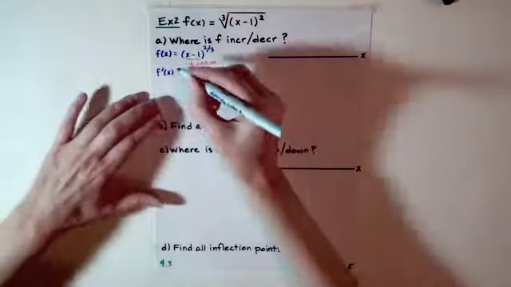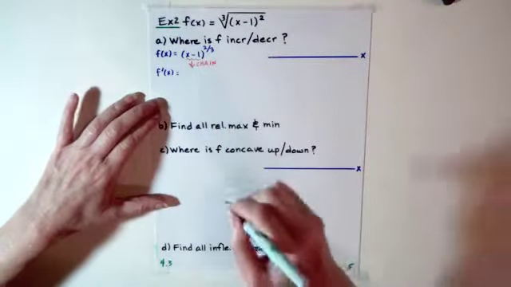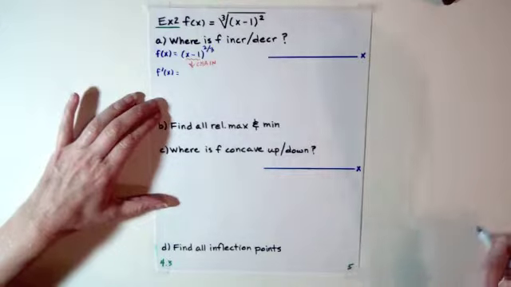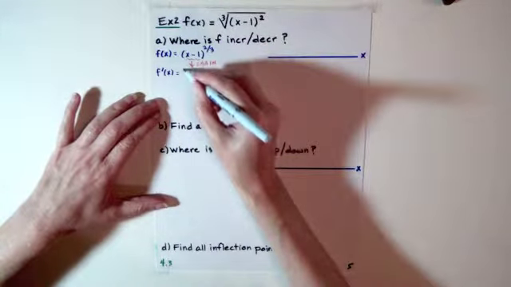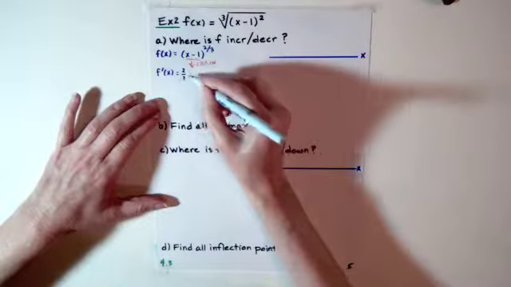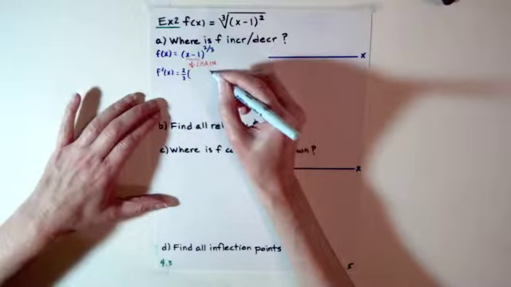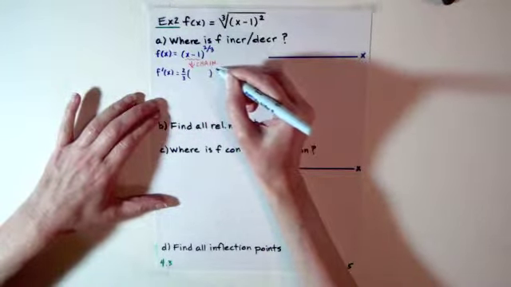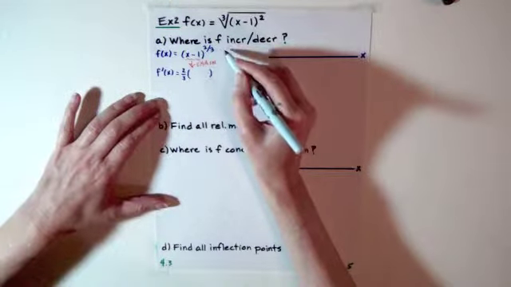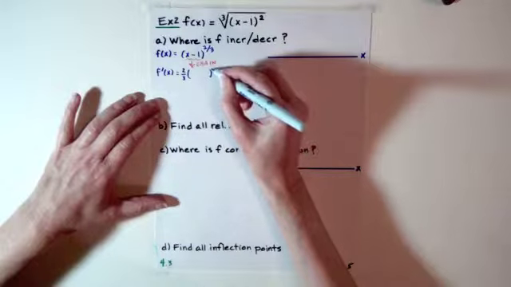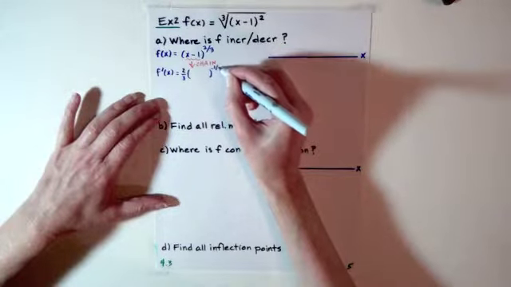And so remember the chain rule: we do derivative of the outer, evaluated at the inner, times derivative of the inner. So I'll start with the derivative of the outer. That's really just pulling down the 2/3, and now raising this to one lower power. If I do 2/3 minus 1, that would be 2/3 minus 3/3, that would be negative 1/3.